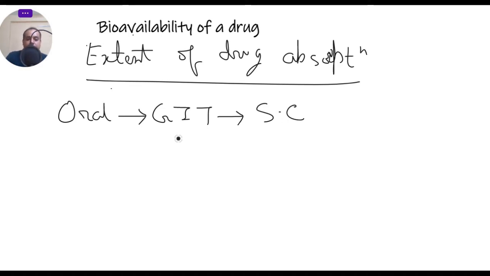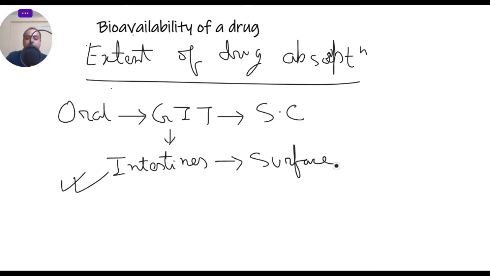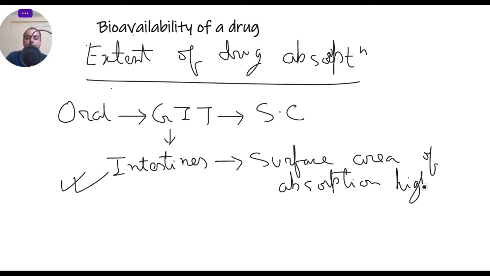So in case of the GIT, most of the drugs will be absorbed from the intestines. Now, why is it going to happen? Because the surface area of absorption will be high.